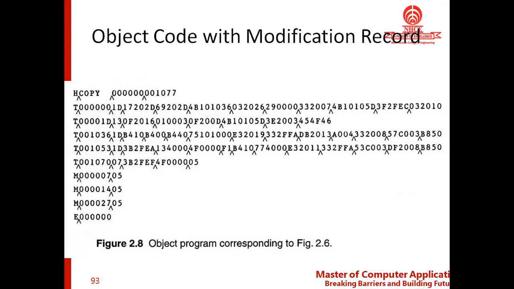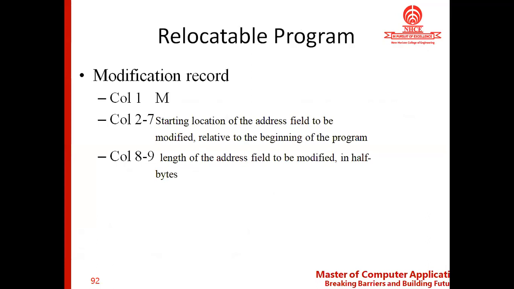Now I'll go back to the SIC program, for which the object program is created, to see where exactly the changes happen and how we receive this modification record from the assembler. As I have told you already, the modification record contains the starting location of the address field which needs to be changed, relative to the beginning of the program.